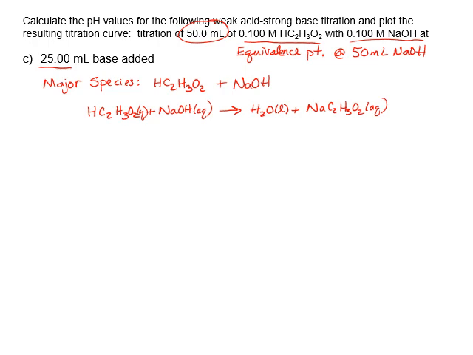Again, we'll do the stoichiometry table. We had already calculated that our initial amount of acetic acid was 0.005 moles. In this case, we're adding 25 milliliters of sodium hydroxide.